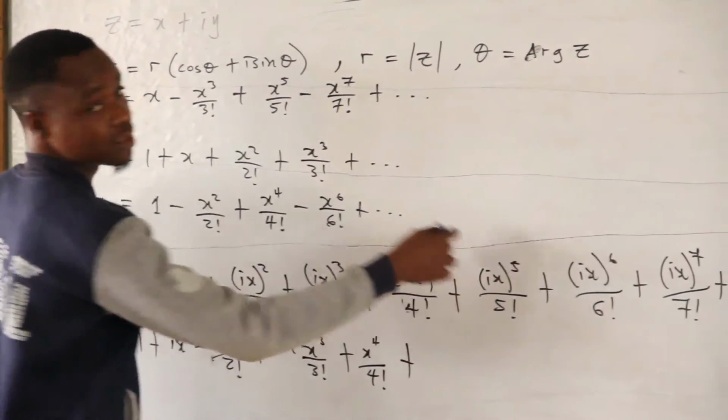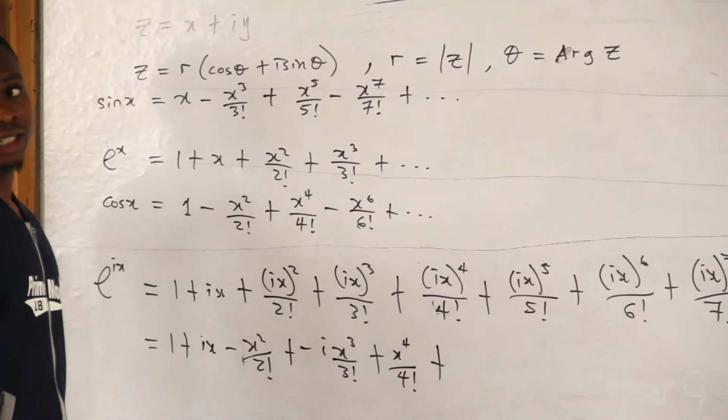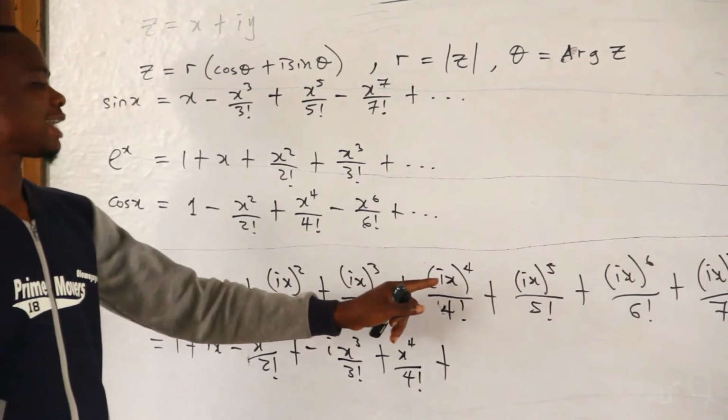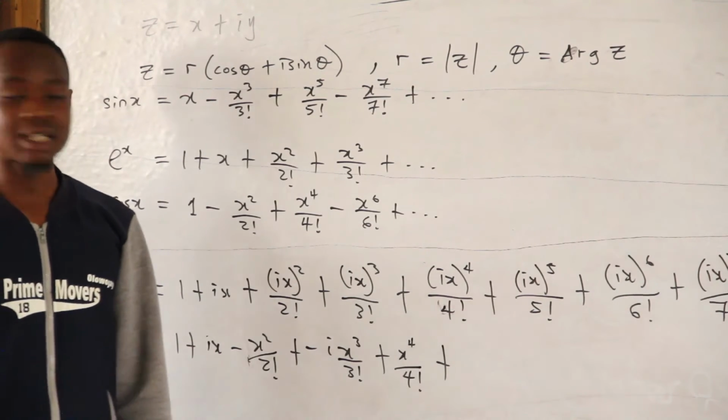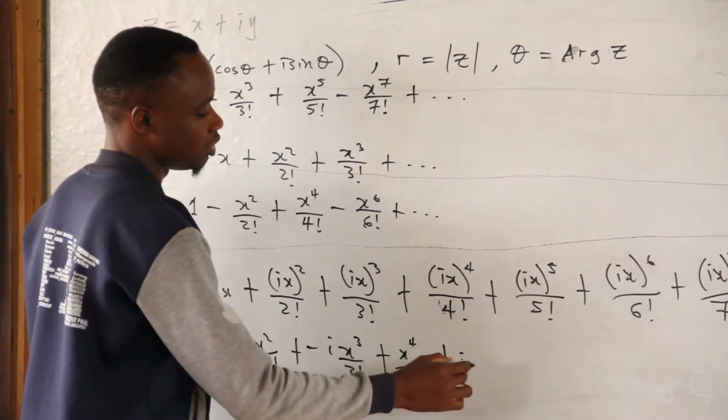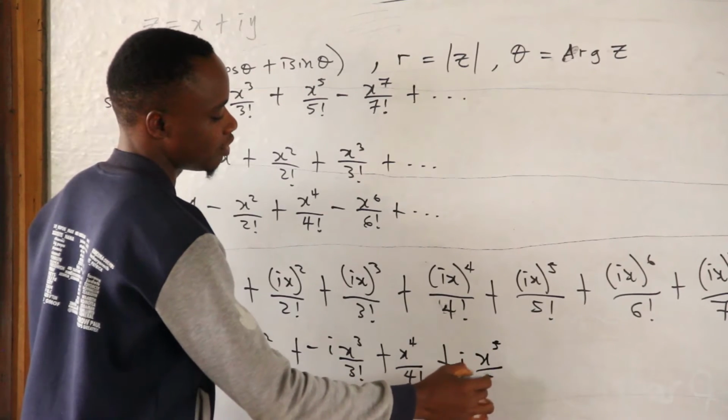Then i raised to power 5 is i raised to power 4 multiplied by i, which is i, so it's i times x raised to power 5 over 5 factorial.